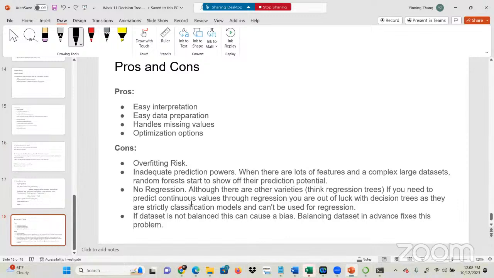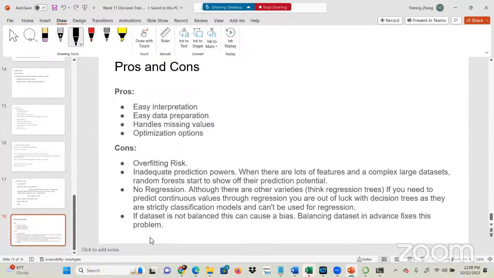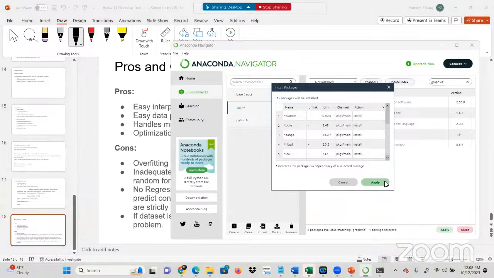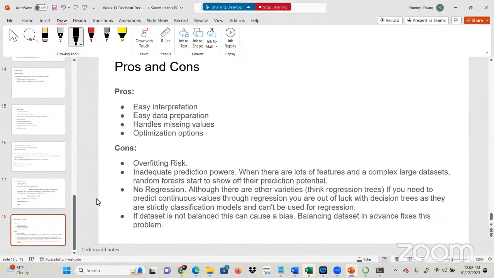If you have all categorical features, this is a good option. And also, it needs balancing the data before you use it. But overall, this decision tree is a simpler algorithm.